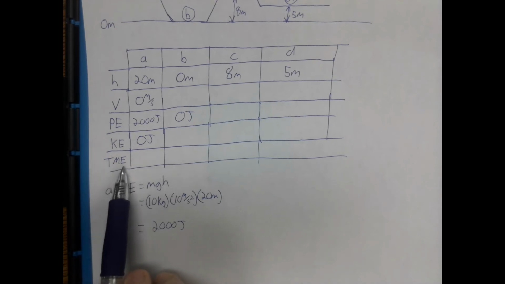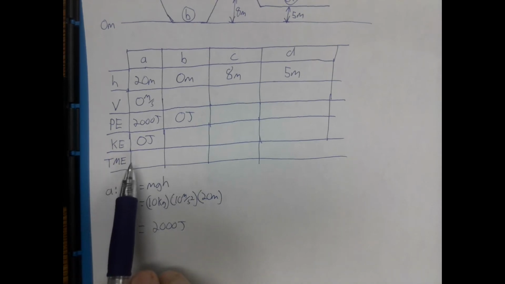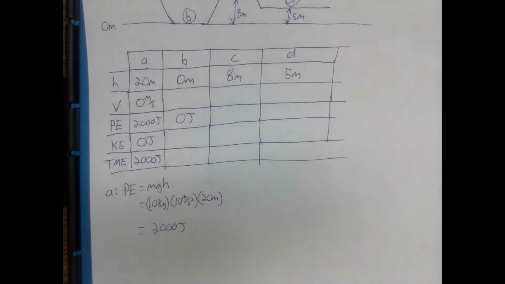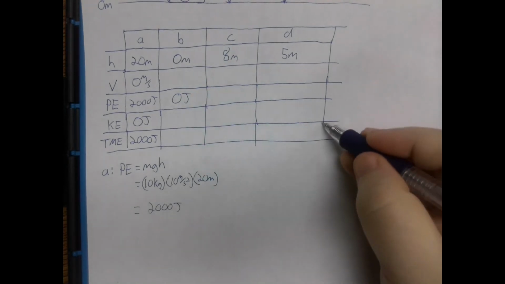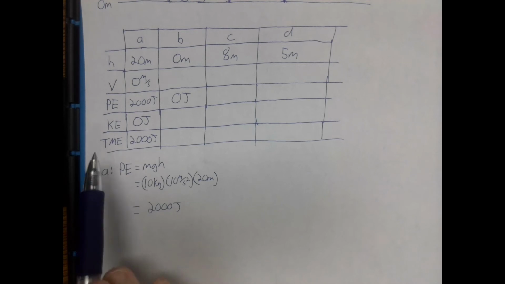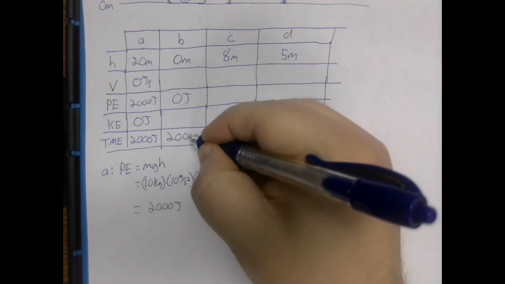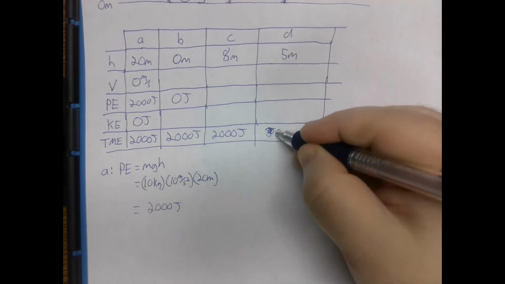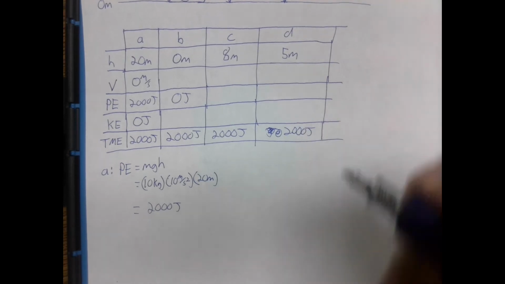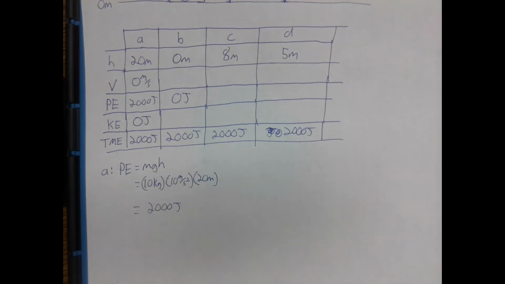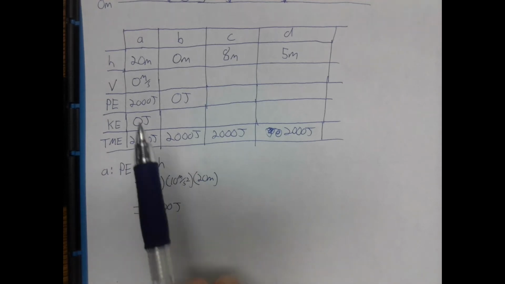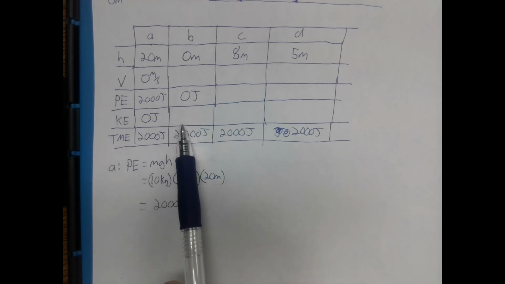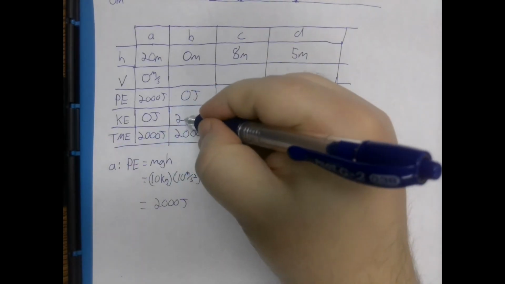So what is the total mechanical energy for A? 2,000. Now, here's the trick. All the rest of it has to be equal to 2,000 joules. So then, if the total is 2,000 and the potential is 0, what would be the kinetic energy? 2,000.